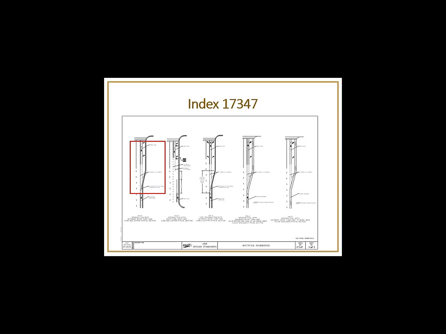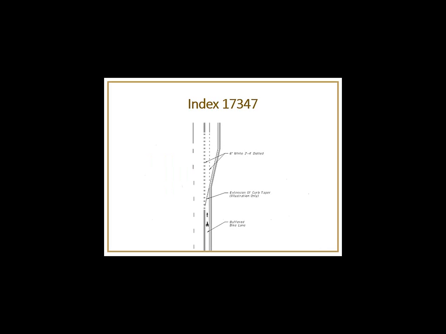And one of the questions we've had is about the changes we've made to where the buffered bike lane begins. Originally, with a standard 4-foot bike lane, the lane conflict area did not begin until the taper.